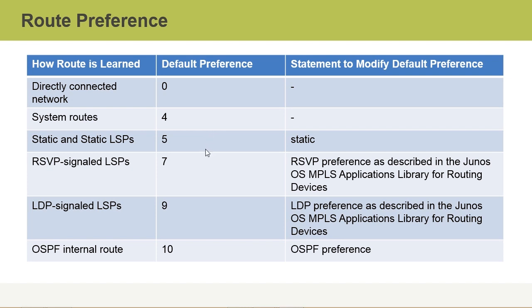You'll notice the other preference values as I go through the next couple of slides; I've got a huge chart here that shows different preference values used by different routing protocols. A very common routing protocol is OSPF. Notice that if my router gets knowledge of a route through OSPF, it has a preference value of 10. And notice that my static routes would have a preference value of 5.